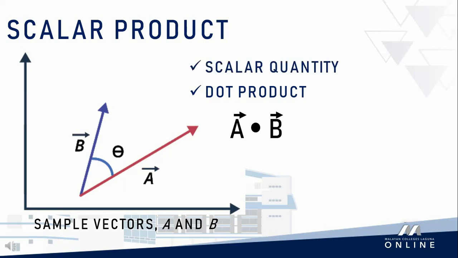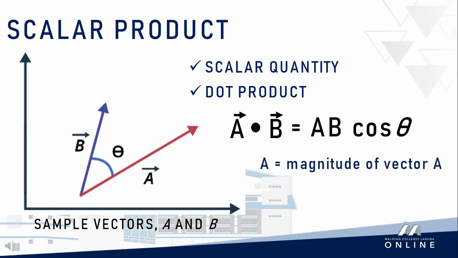The scalar product can also be written and defined as A · B = AB cos θ, where A refers to the magnitude of vector A, B refers to the magnitude of vector B, and θ refers to the angle made between these two vectors. The result of the scalar product of two vectors is a scalar quantity.